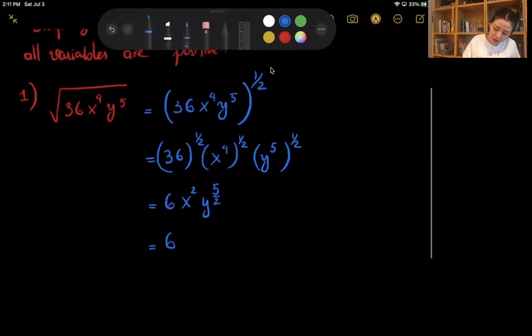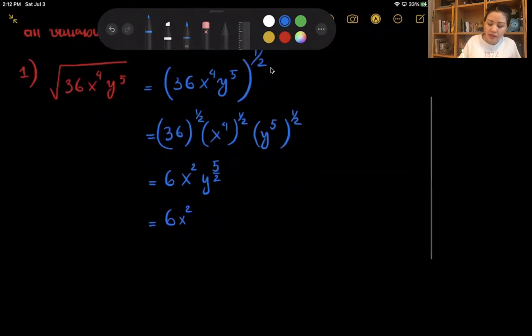All right. Now we can simplify a little bit further with the y to the 5/2 term. So instead of y to the 5/2, I'm going to rewrite it as y raised to the 2 and 1/2.